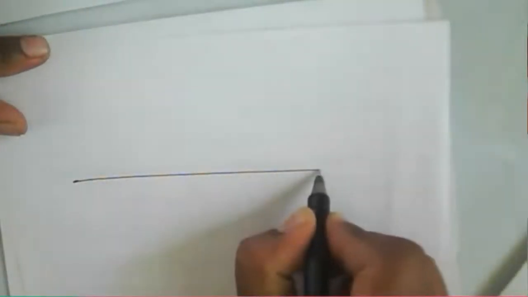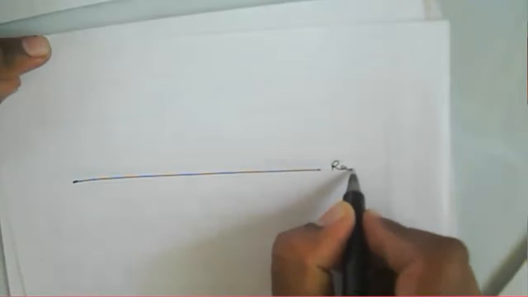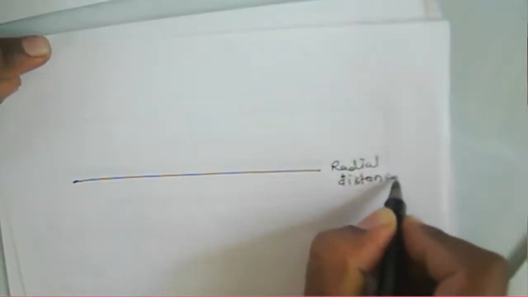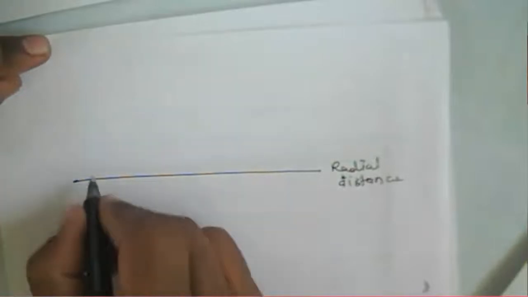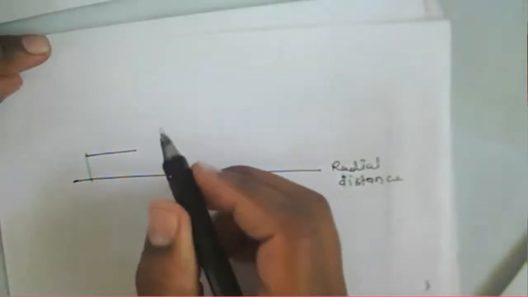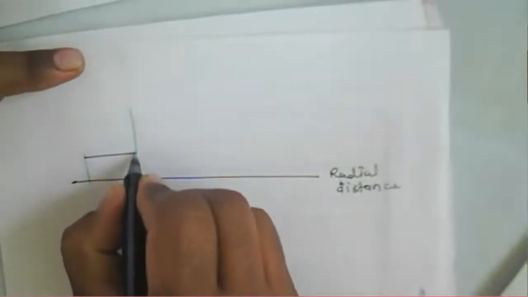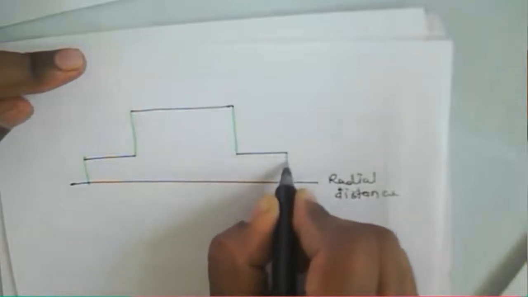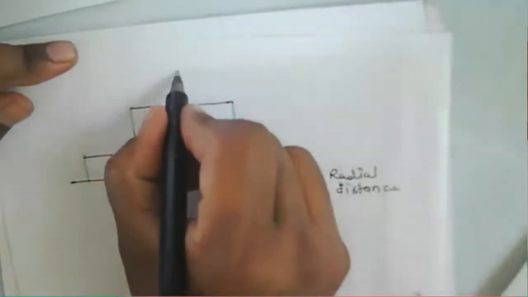So I draw the refractive index profile for different values of alpha. Here we have the radial distance, and then we have the core, and this is the center.